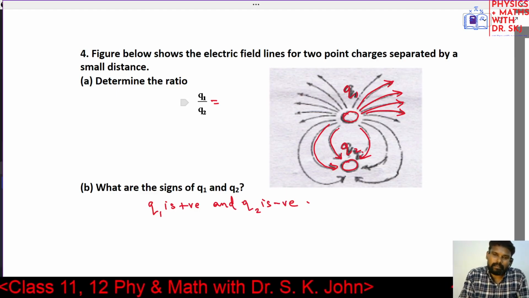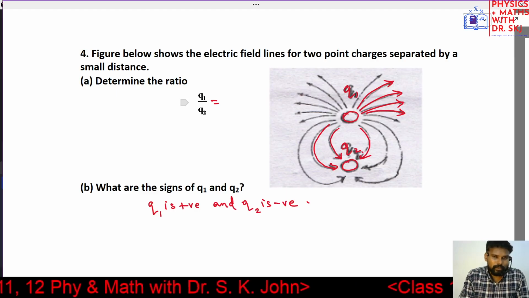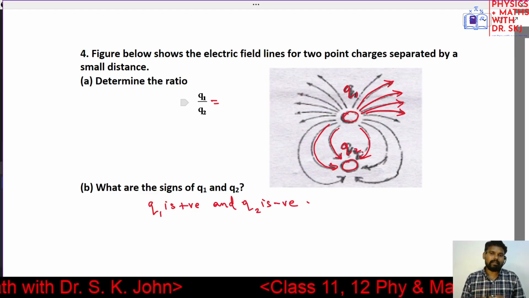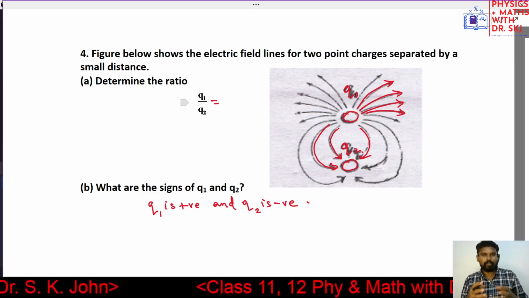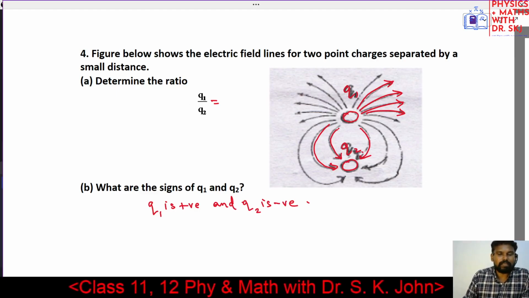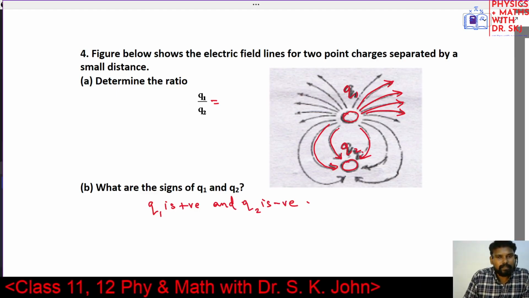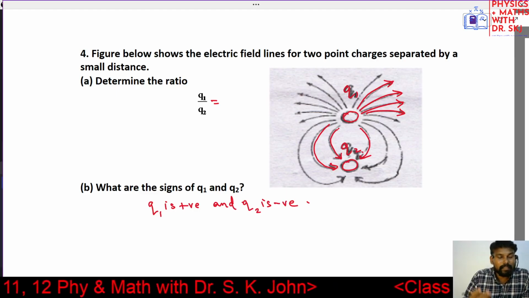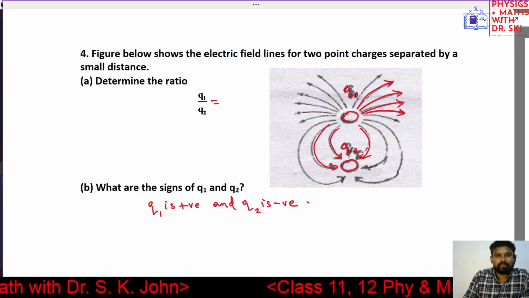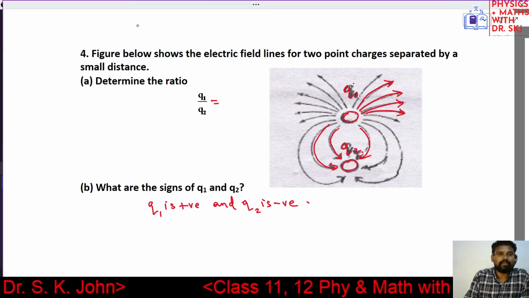If the charges are stronger, if the magnitudes of the charges are larger, they can produce more fields. So to find the ratio of these two charges, you can count the field lines. For q1, how many field lines are starting from q1?